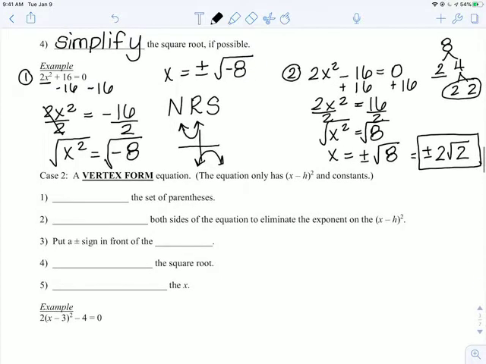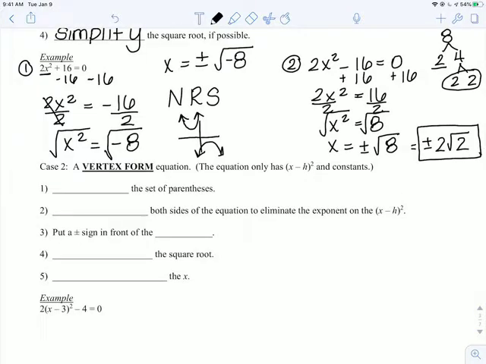All right, let's look at another possibility. Sometimes you'll see a quadratic in vertex form, and you know what vertex form looks like. Let's write it off to the side. Vertex form looks like a times x minus h squared plus k. Well, you can use solving by taking square roots when your quadratic is in vertex form.